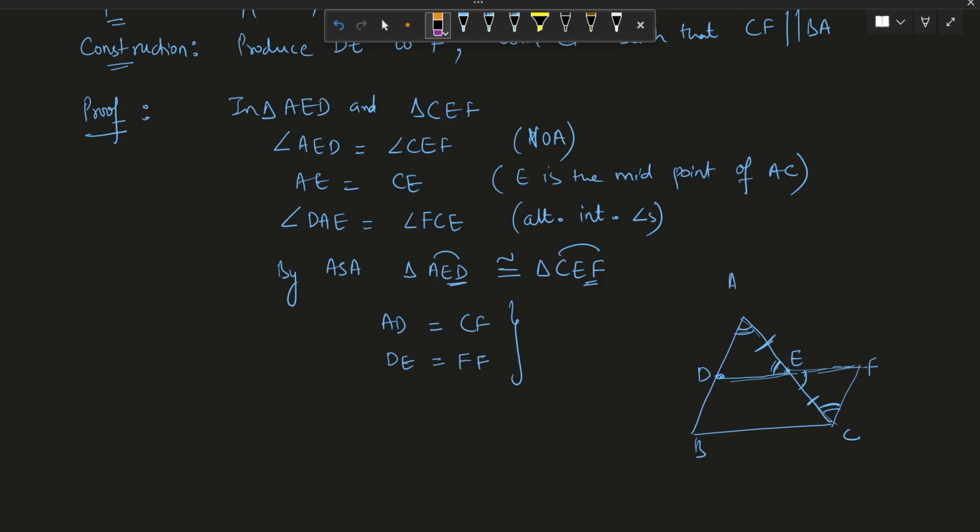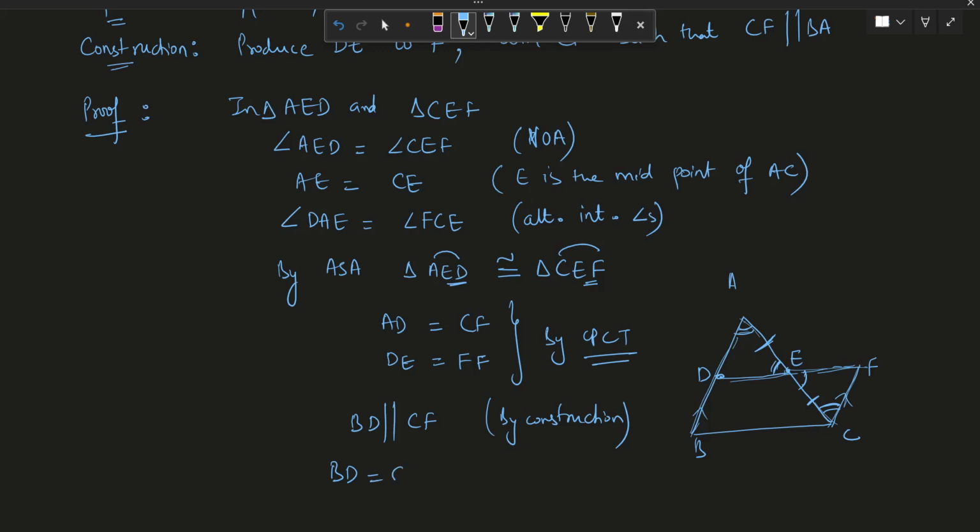You know what the meaning of CPCT is? That is corresponding parts of congruent triangles. Now I also have that BD is parallel to CF. This is by construction. By construction, we said that BA is parallel to CF. So when BA is parallel, I can say BD is also parallel to CF. So can I say that BD also equals CF?